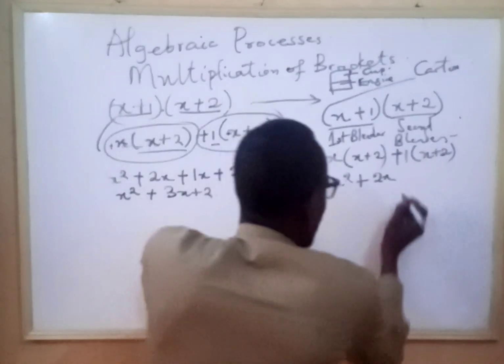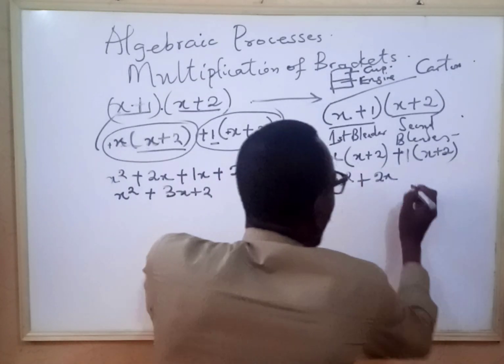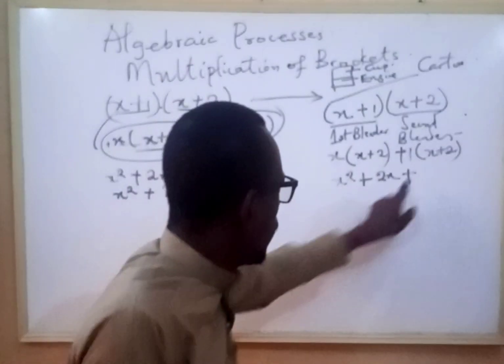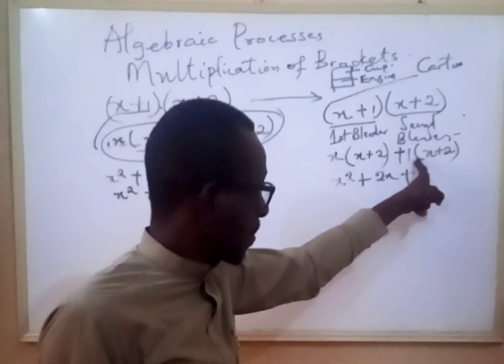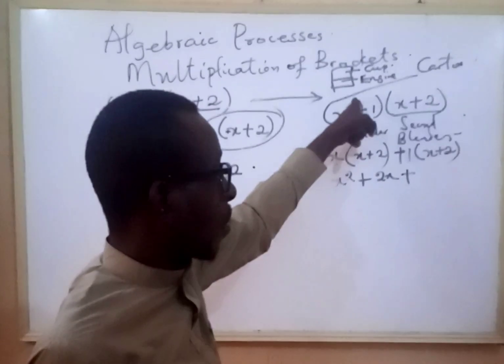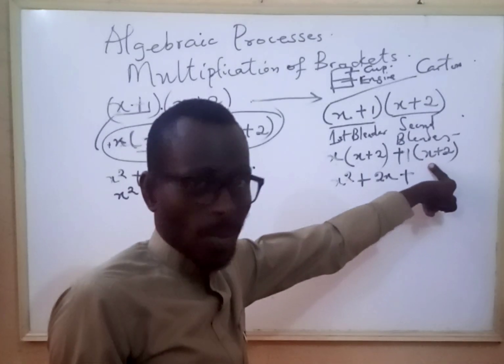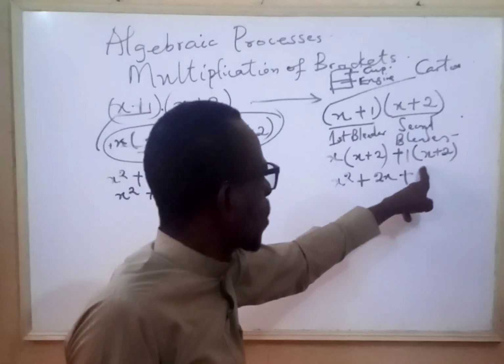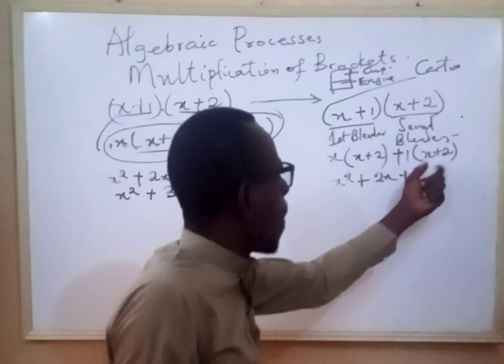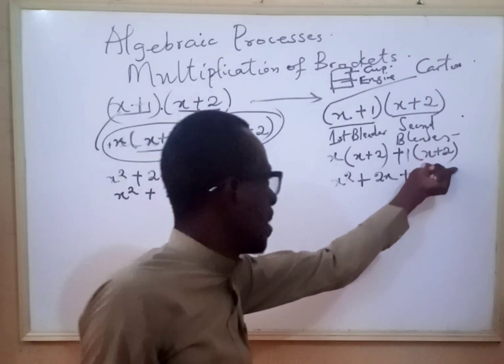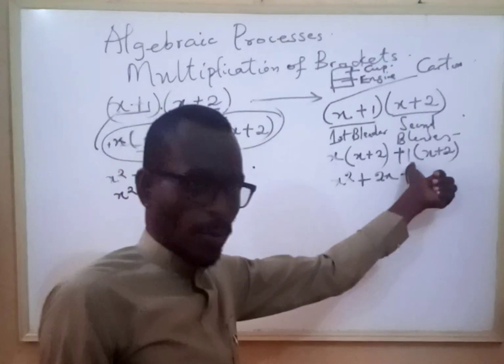So in this second analysis, we have a plus. Remember, this one represents the jug, which is present in the first blender. This is the whole carton of the second blender. This shows that we are unpacking this second blender and multiplying its components with the first blender.